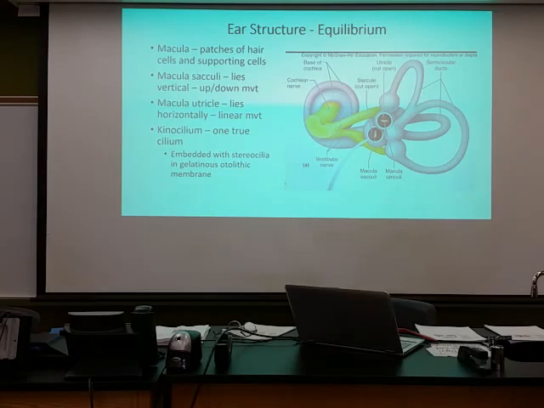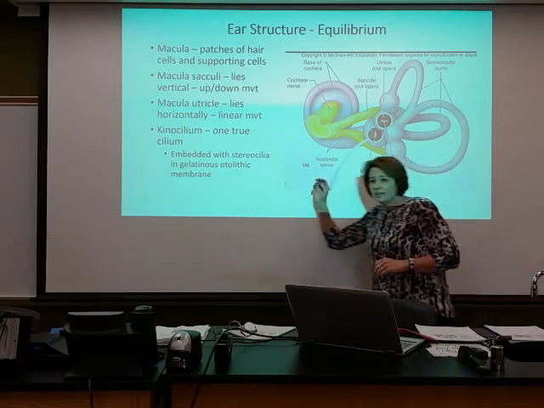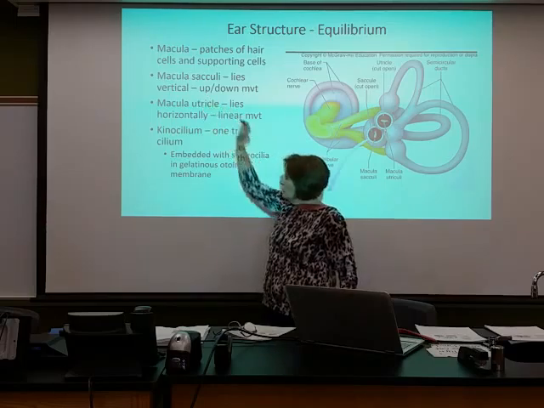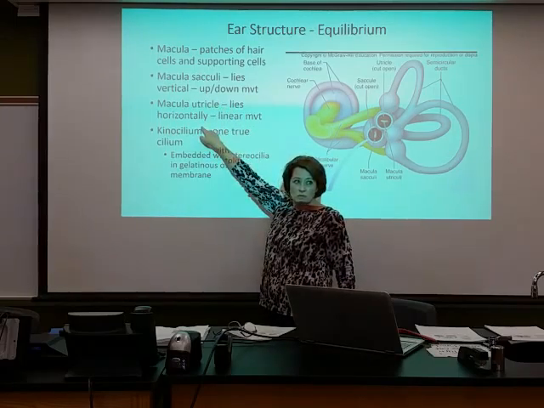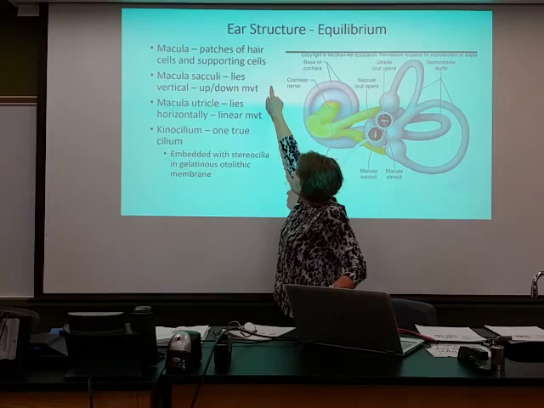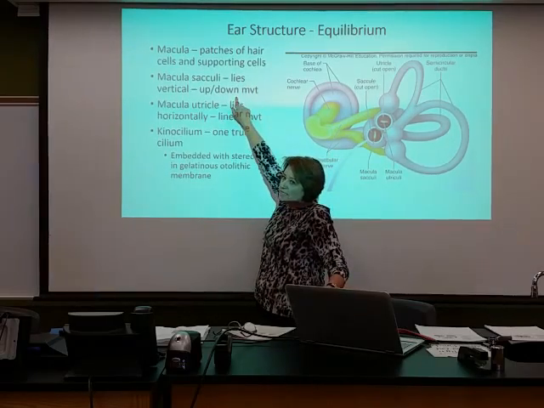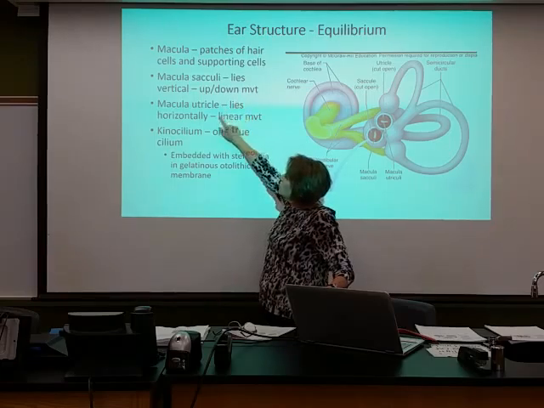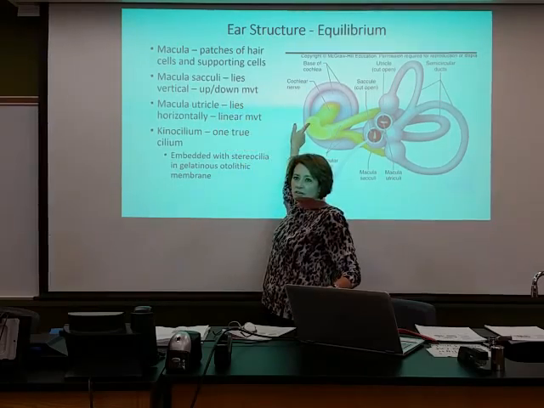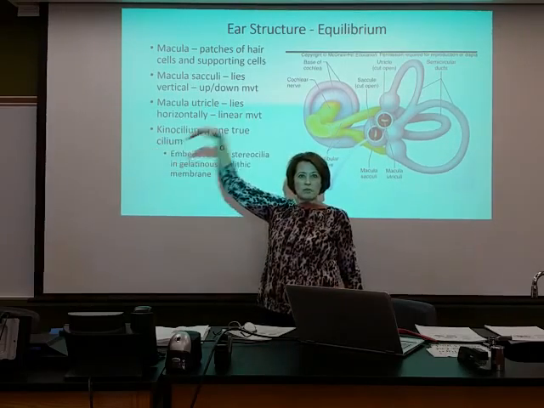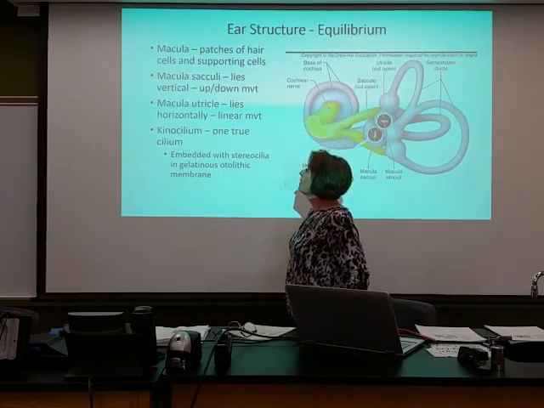So if we think about the movement that's going to happen, those macula, remember how I pointed out, one was vertical, one was horizontal, okay? The one that's vertical, like I was saying, is up and down. Horizontal is linear. Think of moving forward in a car or moving back in a car.